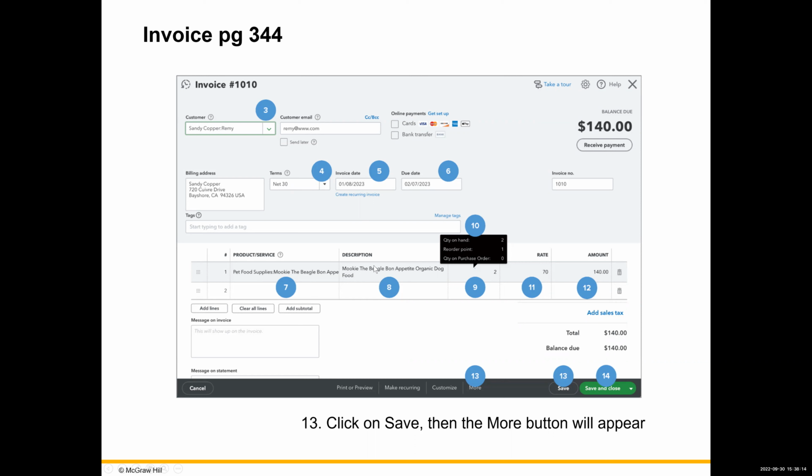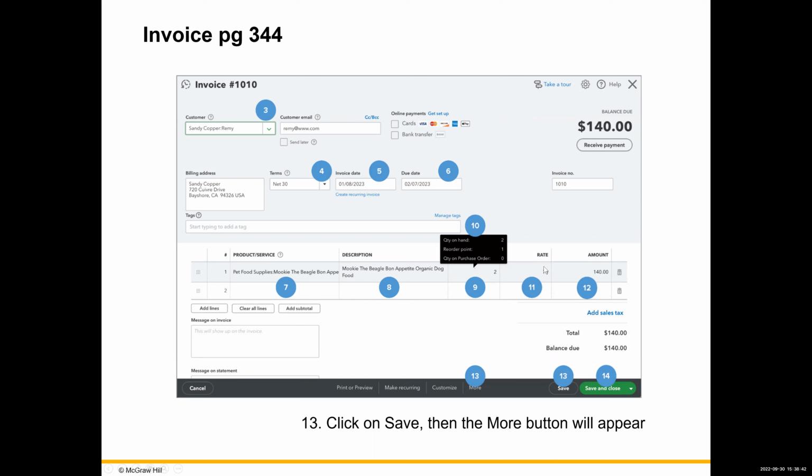Now, this description should pop up automatically because we put the description along with the product in our product services list. So that should come up automatically. We do have to put in how many bags we're selling. So in this case, we're selling her 2 bags. And this rate, it should pop up automatically because we put that we charge $70 a bag.